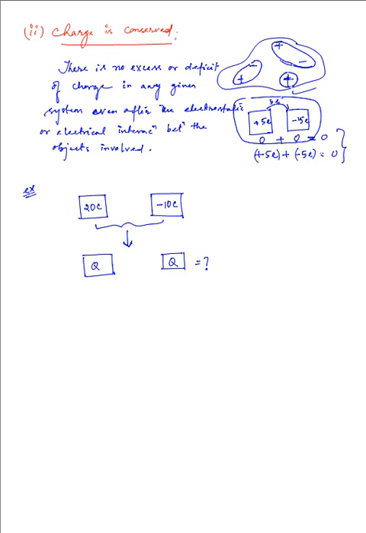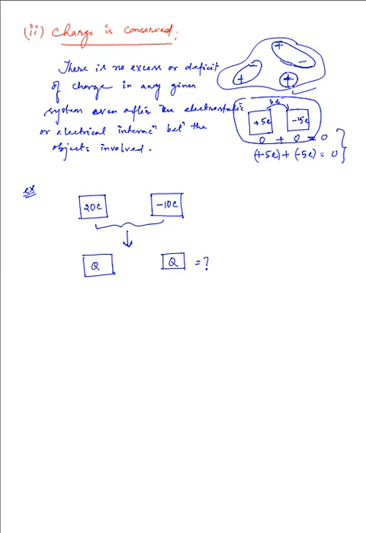Now, just go by the analytical method. What you observe is that, as I said, electrons are always free to move about from one object to another, because they are not really tightly bound to the atom, especially the external electrons, the outermost electrons. So they are available for conduction, or they are available to be transferred from one body to another body upon friction or upon conduction as well.